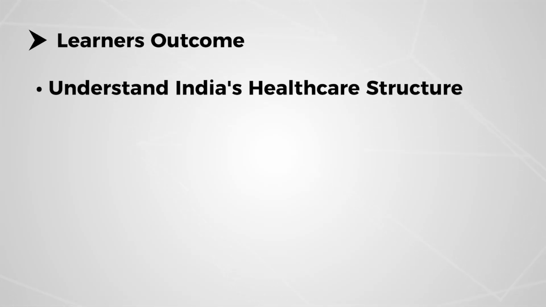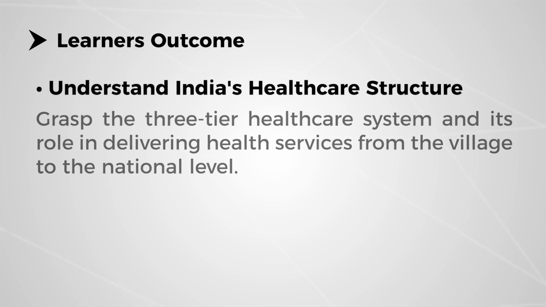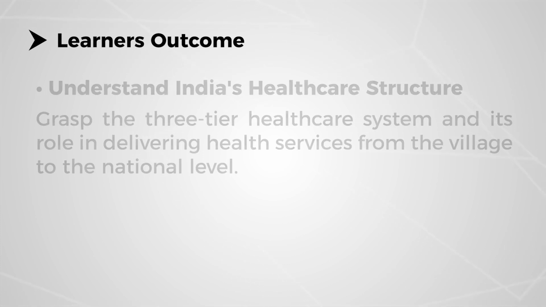By completing this study, learners will be able to understand India's healthcare structure and explore the three-tier healthcare system which delivers healthcare service from the village level facility to the national institutional level.